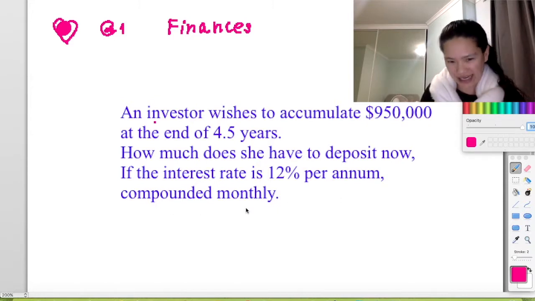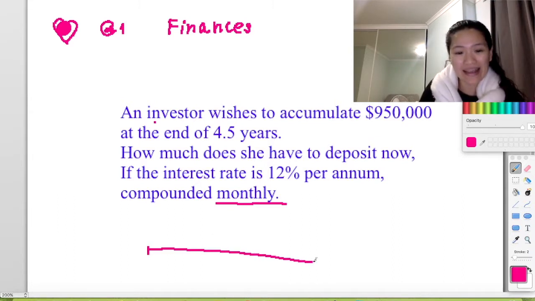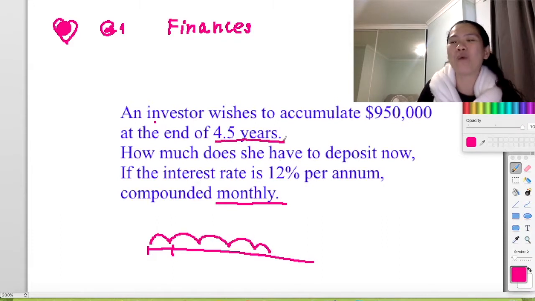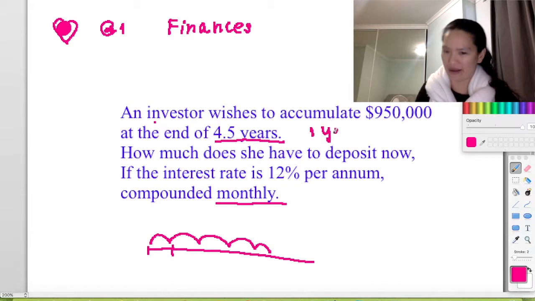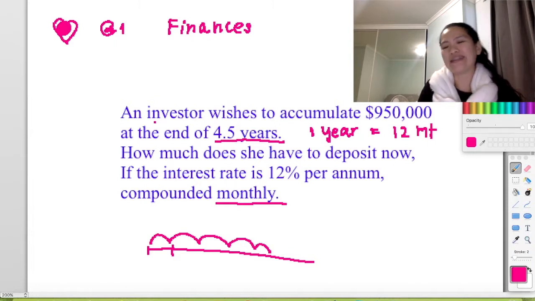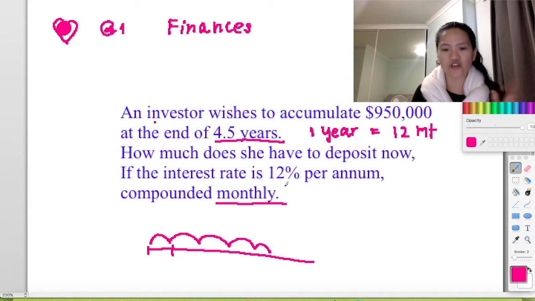First, very tricky. Compound monthly. That means you're going to get the money every month of the year. And one thing you have to know is that in 1 year, how many months? We have 12 months, okay? And when you see a question like this, you should read it at least twice.